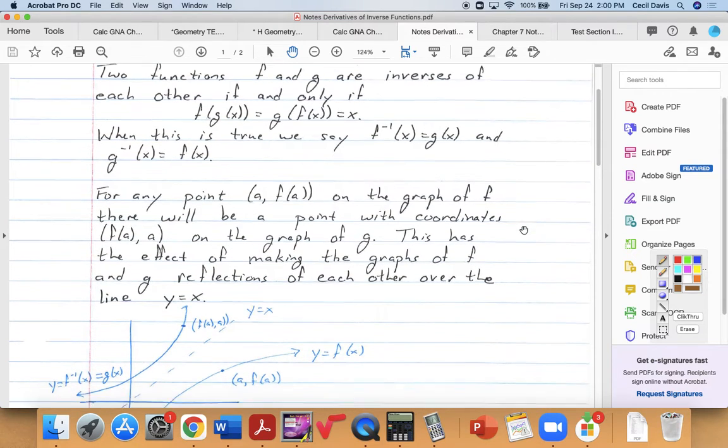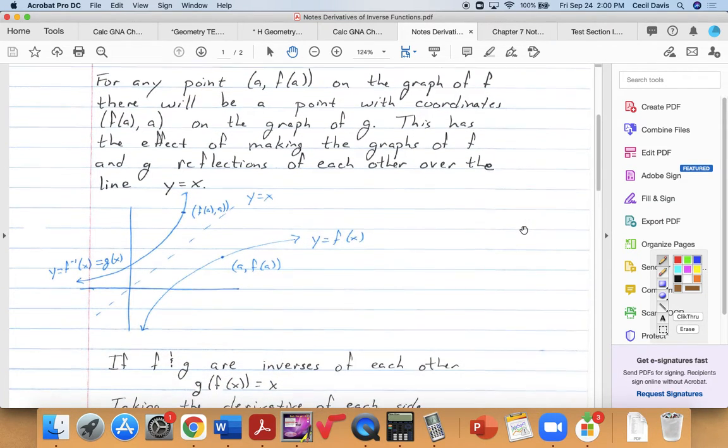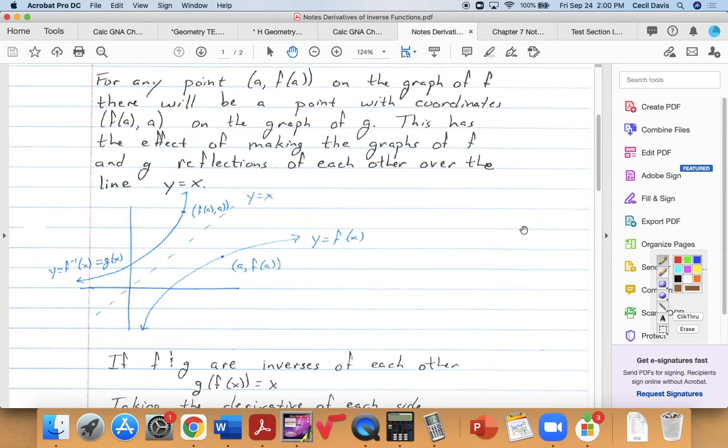So, how does this involve derivatives? Well, for any point a comma f of a on the graph of f, there will be a point with coordinates f of a comma a on the graph of g. Notice that's the same coordinates but just reversed. So if the original graph had the point 1, 3, its inverse will have the point 3, 1 on it. It's guaranteed.